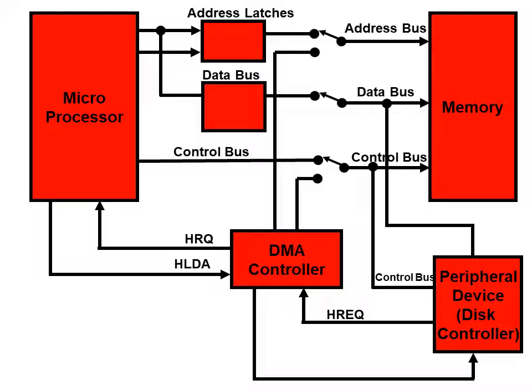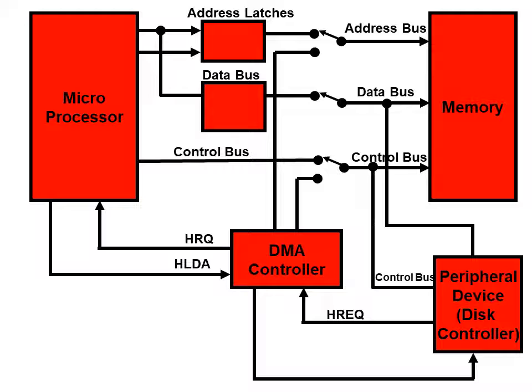Now this DMA controller will provide the request signal given by the IO device to this microprocessor, and this microprocessor will complete the execution of the current instruction. Then after completing it, it will provide an acknowledgement signal to this DMA controller.